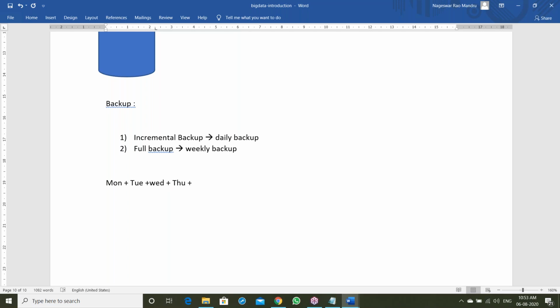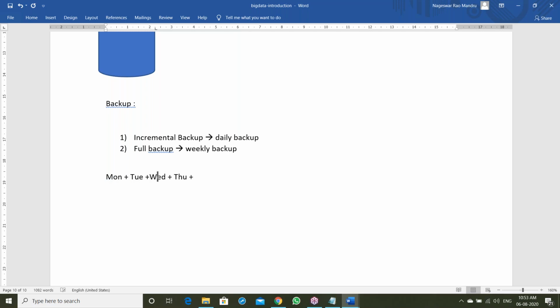It is like the plus plus increment operator in C language, increasing by one. Incremental means increasing by one day of backup: Monday backup, Tuesday backup, Wednesday backup.